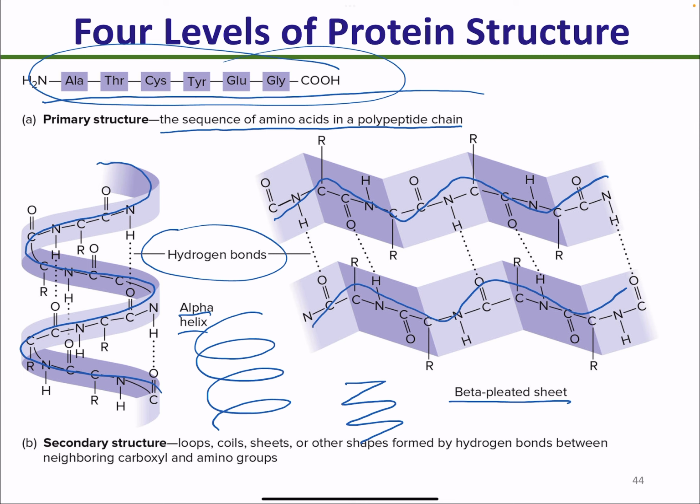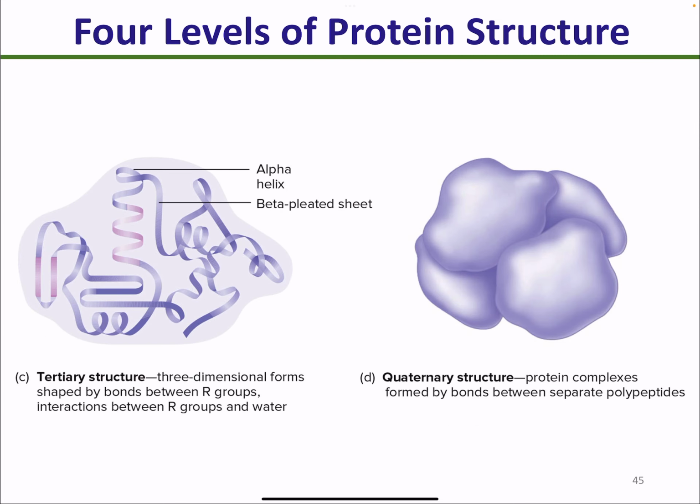Okay? The tertiary structure is going to be a more complex folding of the secondary structure. And again here, because of hydrogen bonds, we are going to have more complex folding.